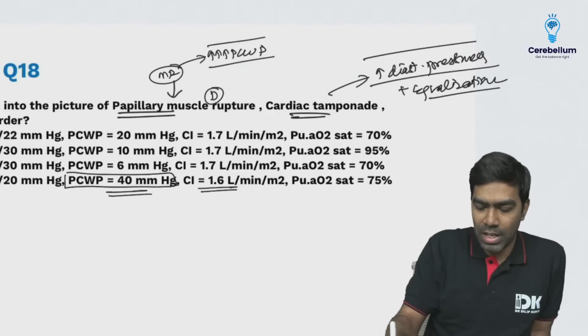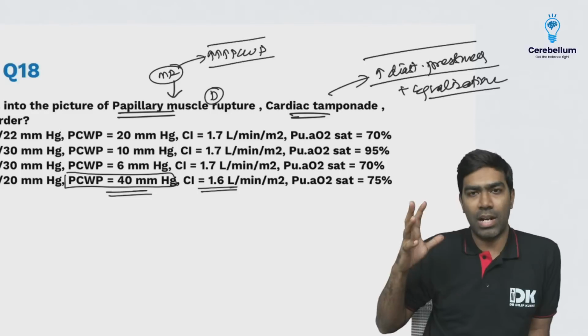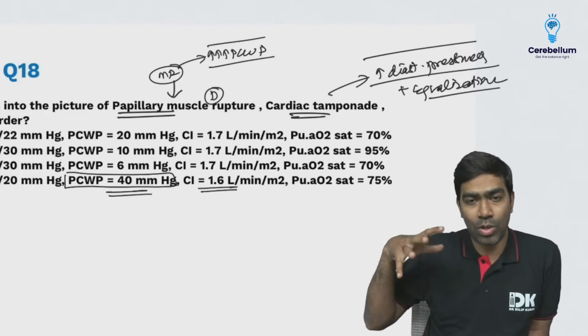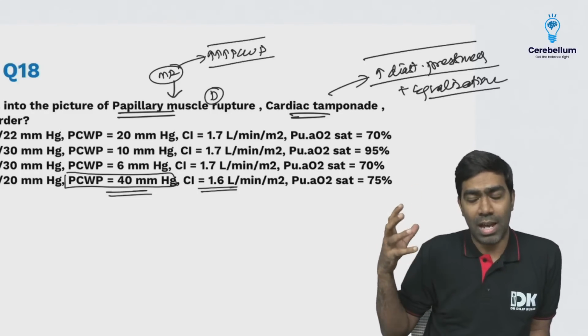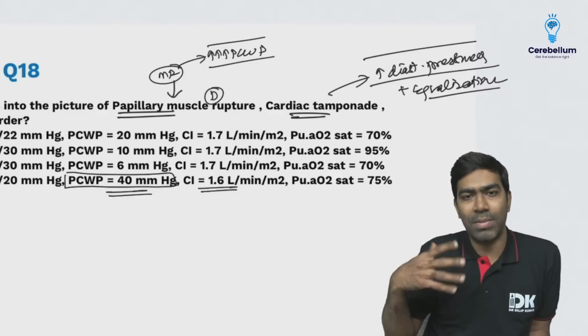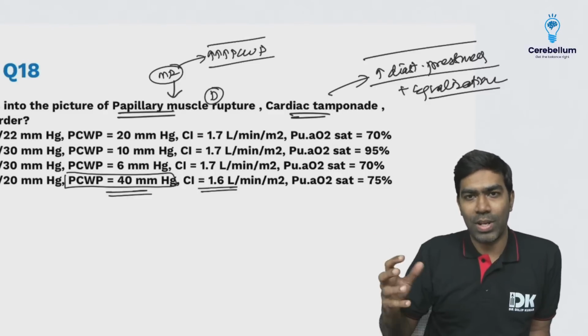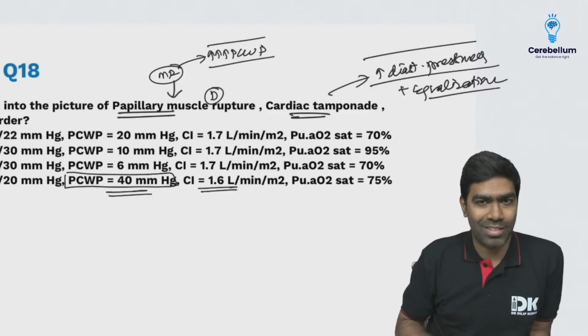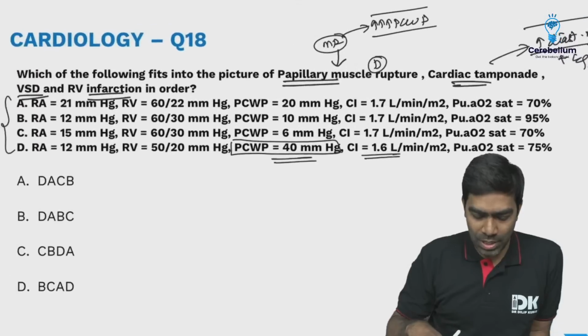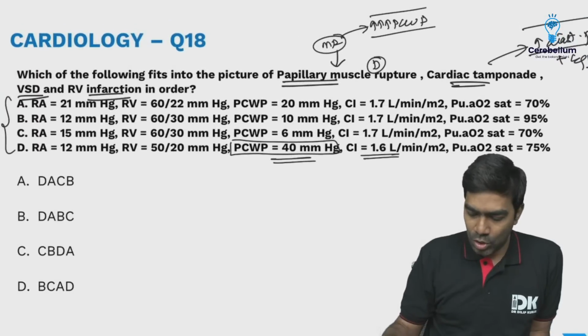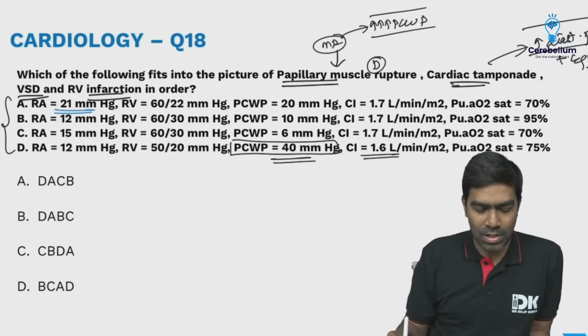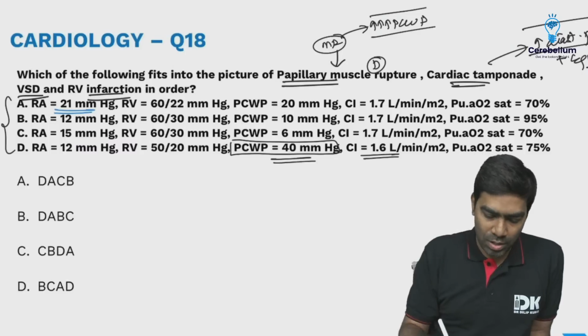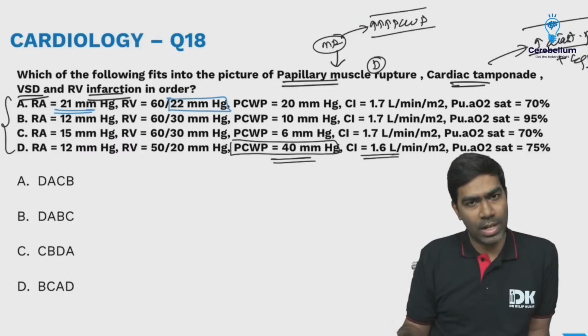The chamber pressures will be equal because the fluid around the heart, or the pericardial problem like constrictive pericarditis, is going to constrict the heart, or the tamponade effect will be on all 4 chambers equally. So pressures will be increased because of compression on the heart, but there will be equalization. So which option is showing that? Look at diastolic pressure, look at right atrial pressure, 21. Look at RV diastolic pressure, 22 in option A.